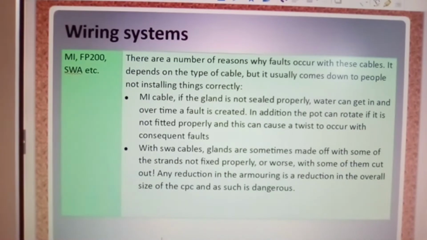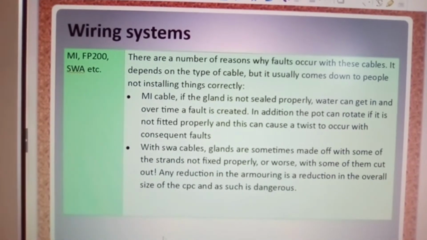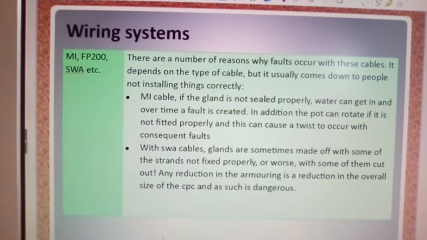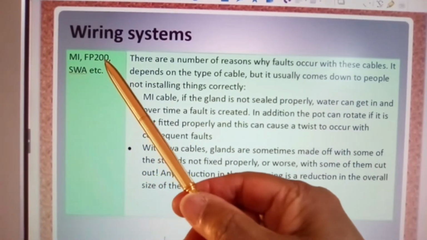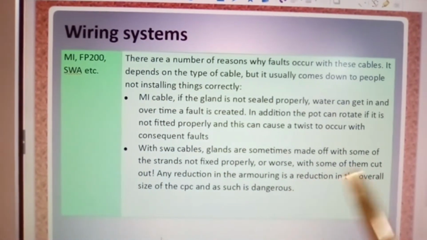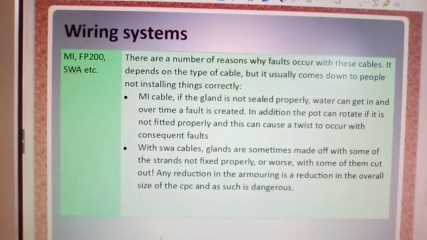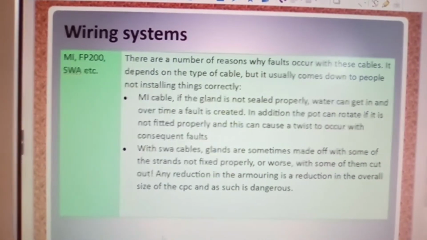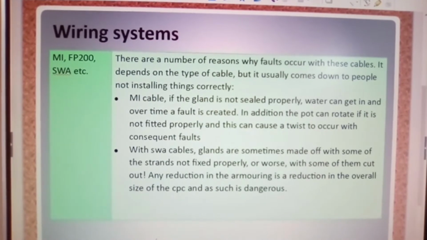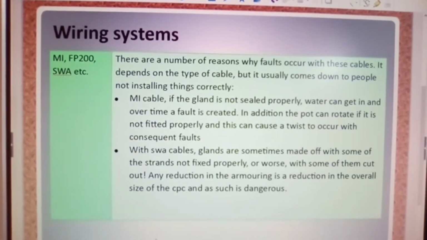Now here we have MI, mineral insulated cable, FP200. Please note, although we have FP200, I believe we have FP400 as well, but please confirm that for yourself, because there was, to my knowledge, an upgrading of certain cables to make them more fire resistant. Don't take my word for it. It's important that you are familiar; look in the IEE regs.